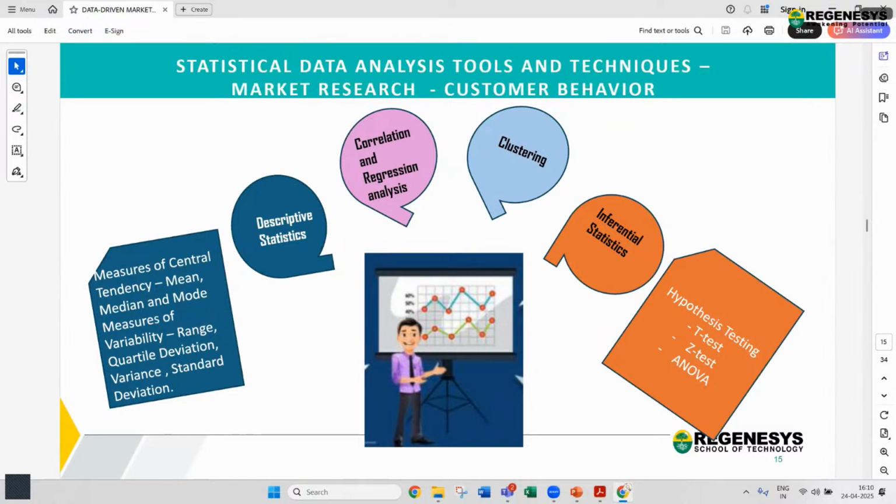Then in correlation and regression analysis, we can relate variables, and in regression we can form a regression line and predict what we need in future. Then we have clustering. Clustering is grouping the same type of customers and then doing the analysis. Then inferential statistics deals with all types of testing. Let us understand these techniques with the help of small examples.